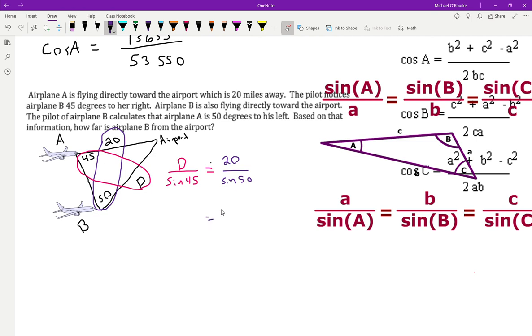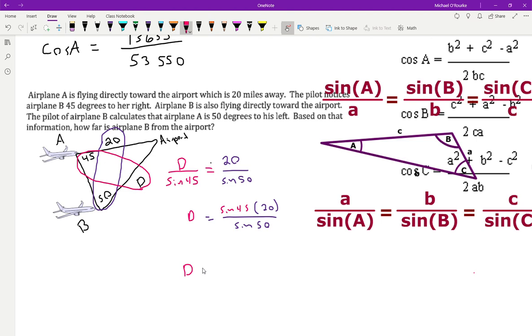And then I like to rearrange first. So I'm going to write sine 45 times 20 divided by sine 50. Okay?